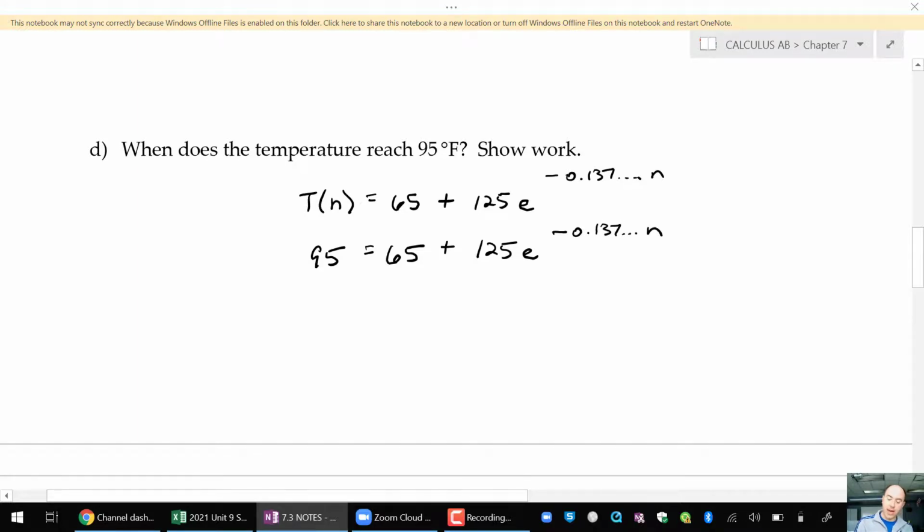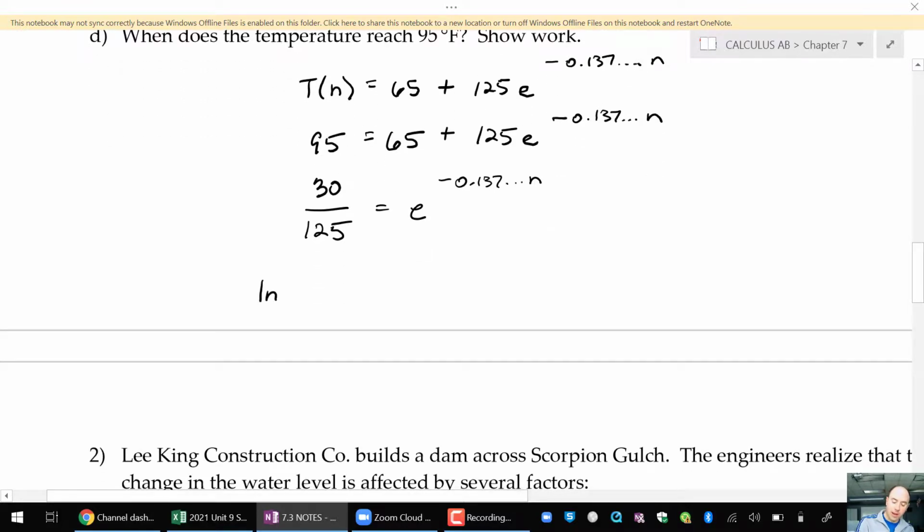Let's see here, subtract 65, we'll get a 30, and then I'll divide by 125, so 30 over 125 equals e to the power of negative 0.137 n, and then finally log of both sides.